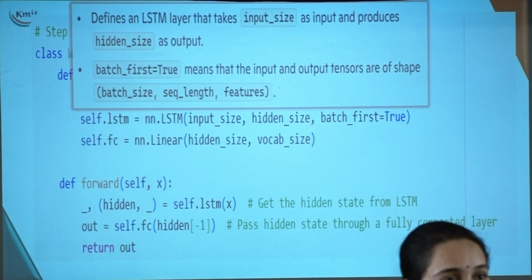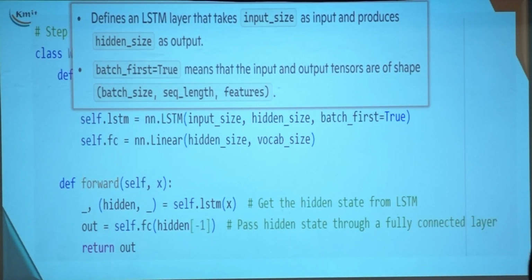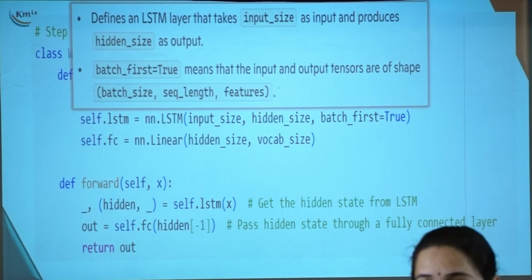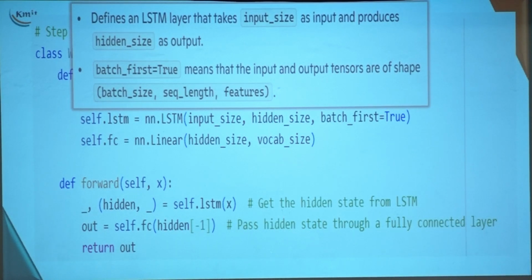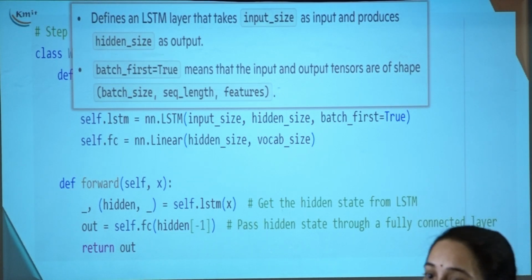All the sentences are clubbed as a batch and then given for processing. So subsequently, the input dimension that you had will now have a prefix to it, which will be your batch number. So batch will also be one of the dimensions of the input as well as the output.